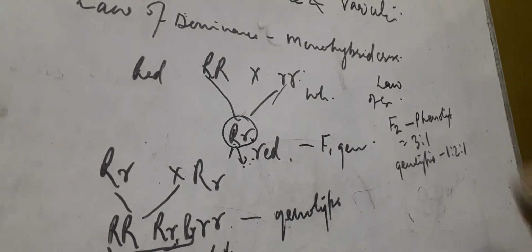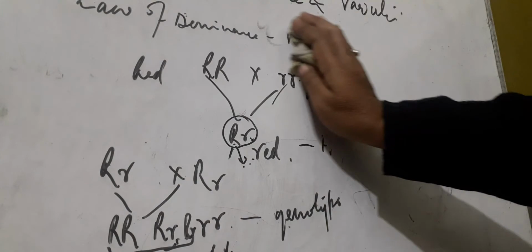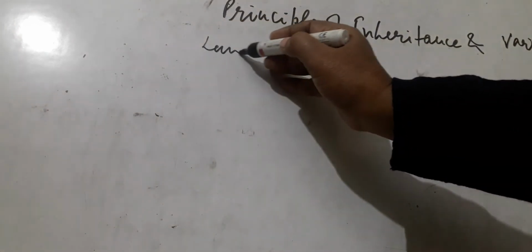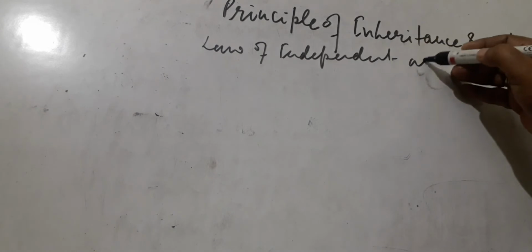The third law is the law of independent assortment. This law depends upon two pairs of contrasting characters. When Mendel crossed two pairs of contrasting characters together, it is called a dihybrid cross.